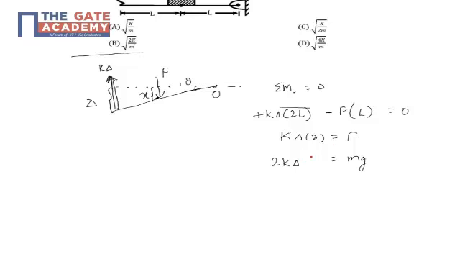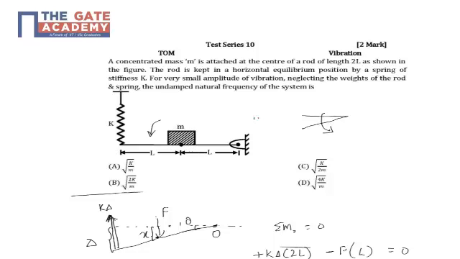Now how do I find the natural frequency? Always I will replace a given system with a spring, k equivalent, and mass m. What I need is that the original system and this system should match at equilibrium. From this I'll write down an equilibrium equation and compare.